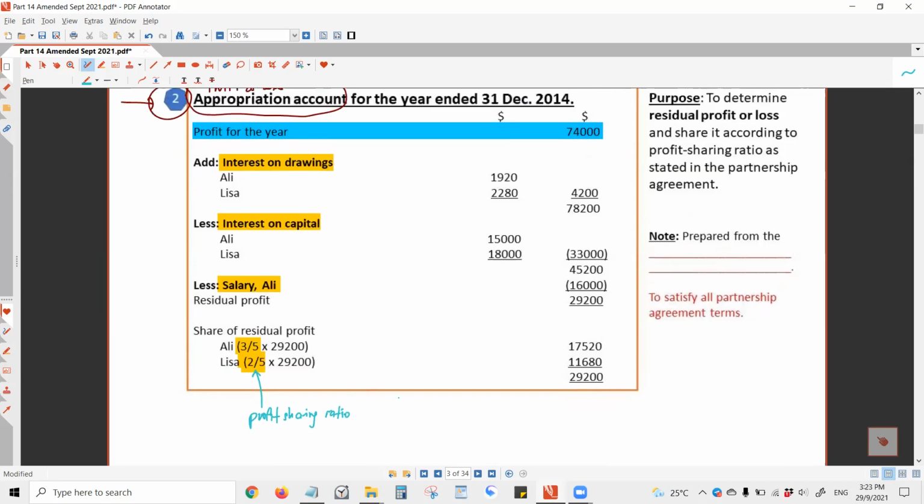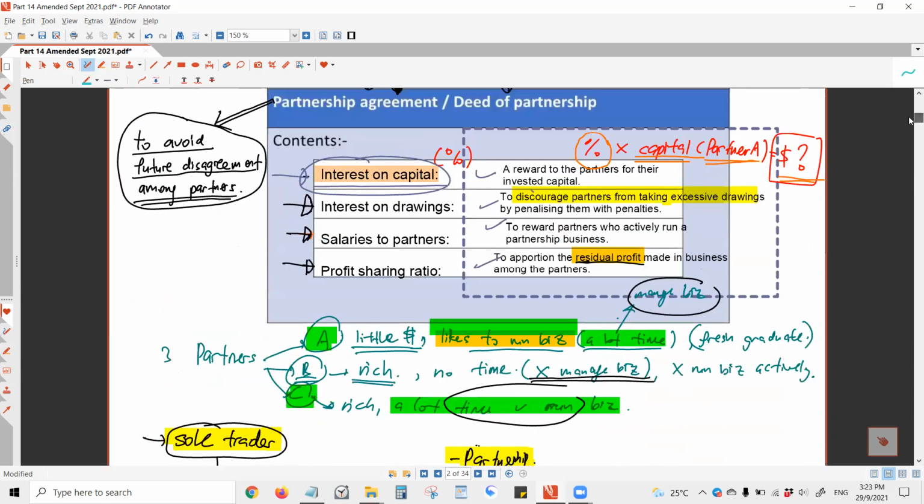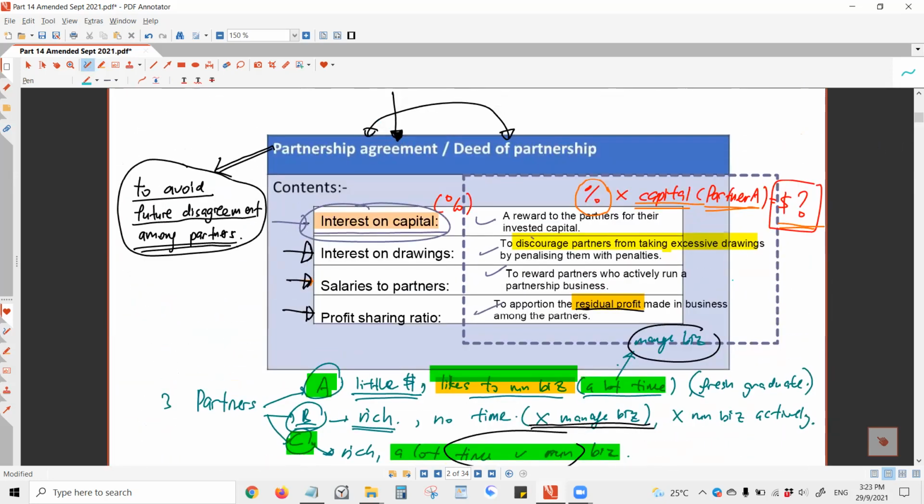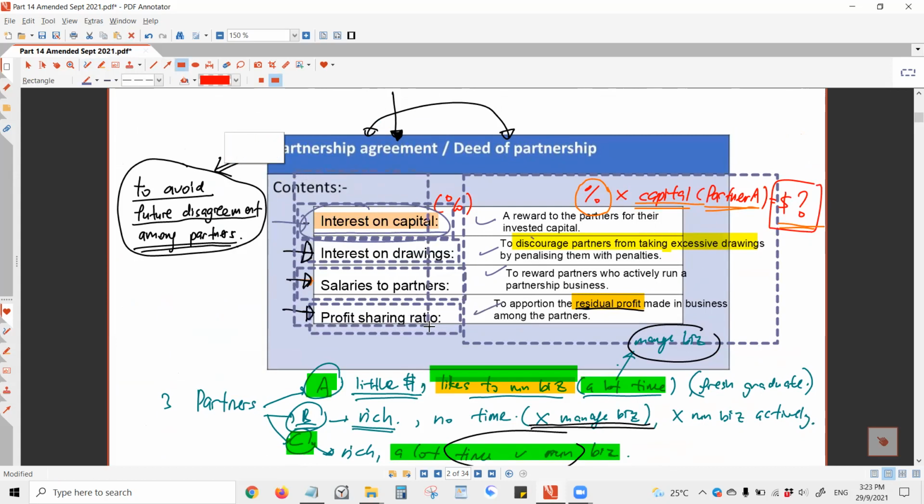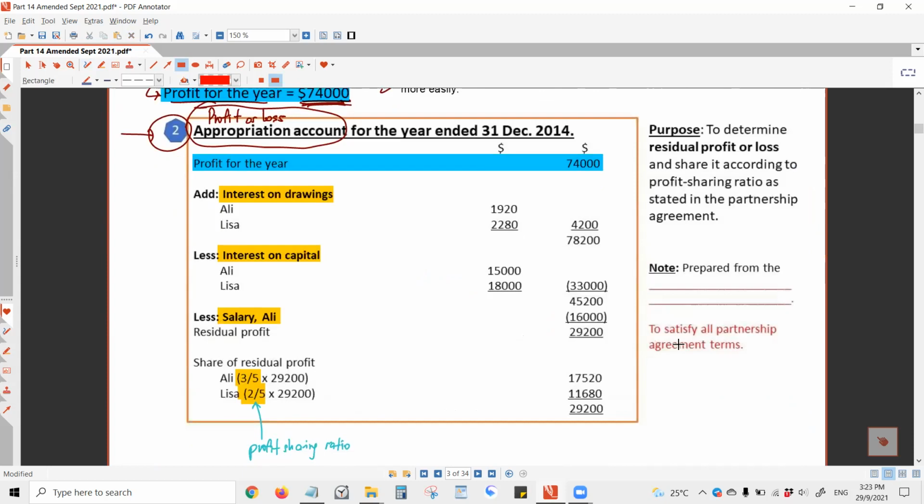Now you remember what I said about the partnership agreement? I told you that by remembering these 4 things, it can help you a lot in almost every part of the topic. When you see the exam questions, these are the 4 main things in the partnership agreement: interest on capital, interest on drawings, salary to partner, profit sharing ratio. Do you see all these 4 things in the appropriation account?